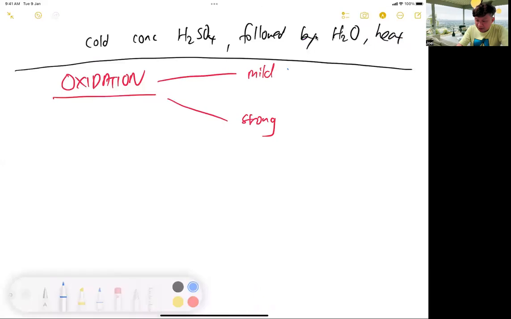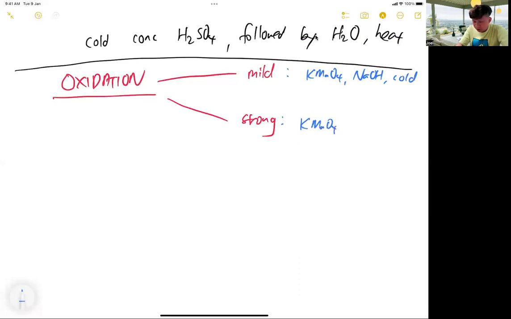The conditions for mild is KMnO4, then NaOH, cold. Okay, mostly NaOH, but that also can. Then the strong one is the same, but must put dilute, H2SO4 and heat. Of course it can also be NaOH, it's just that you adjust the acid.